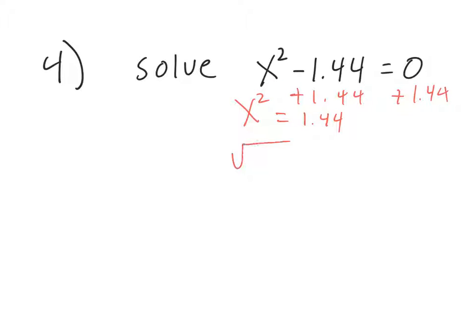Then do square root on both sides. And we'll get x is equal to plus and minus 1.2. Remember, when you do square root, you're going to get a positive and a negative answer. So these have two answers.